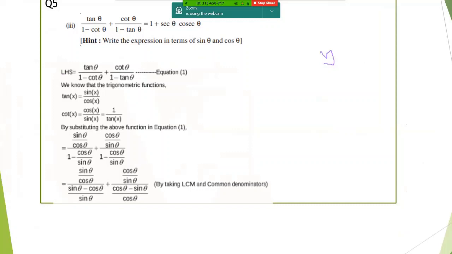Tan, cot, we have converted. In the numerator, we have converted sine theta upon cos theta. Then the denominator: 1 minus cos theta upon sine theta, plus cos theta upon sine theta divided by 1 minus cos theta upon sine theta. Simply working as if we are working with fractions. So the denominator, we are taking the LCM as sine theta. So sine theta minus cos theta minus sine theta. Fine with that? Writing it down, all of you? Tell me, then I'll move to the next screen.